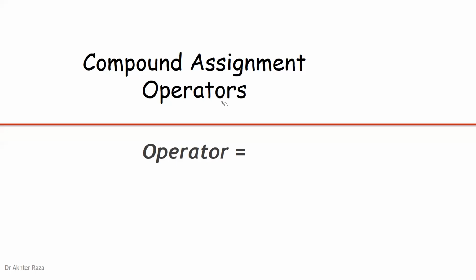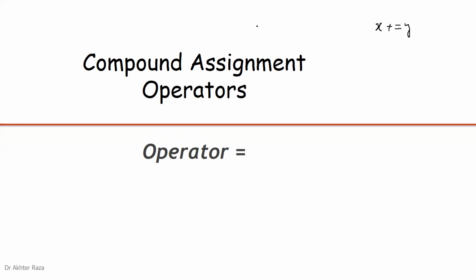Compound assignment operators, these are 5 in nature. This operator is either plus, minus, multiply, divide, and an equal to sign, and you have to write them without any space. Like suppose you are writing x plus equal y.